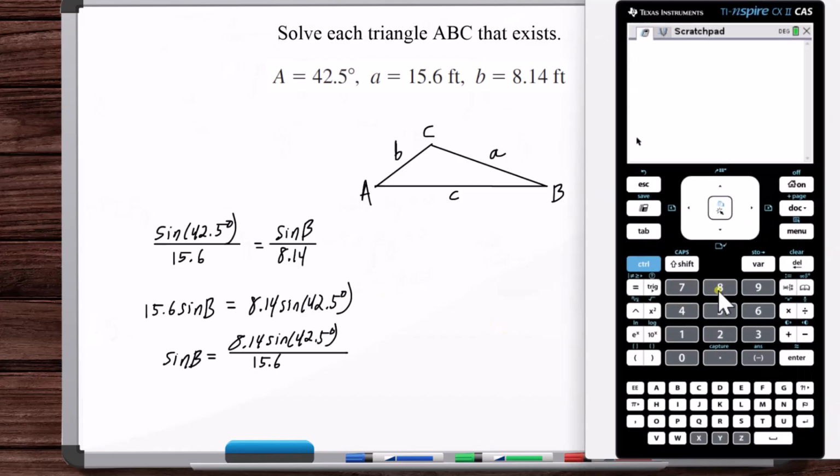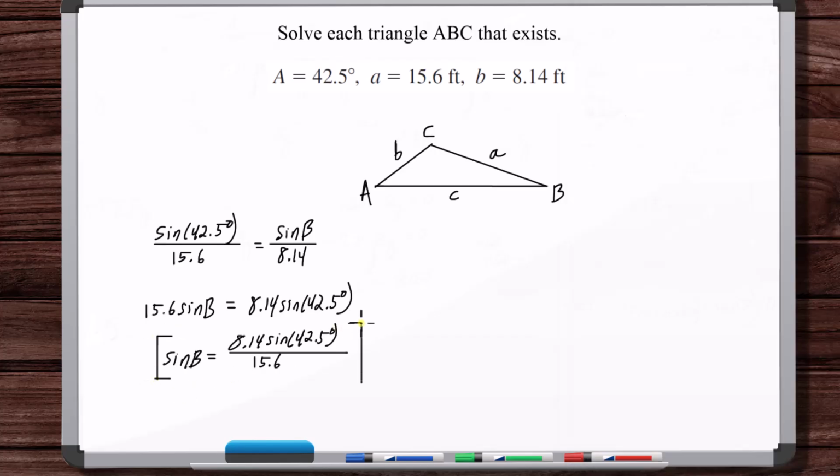So we expect to get a positive value, something between 0 and 1, for the sine of B. And there we go. Okay. Now we can take the inverse sine of both sides of this to get the B out.